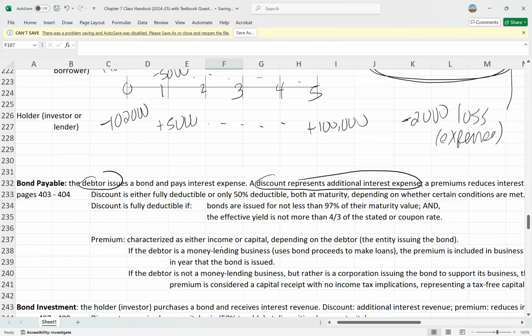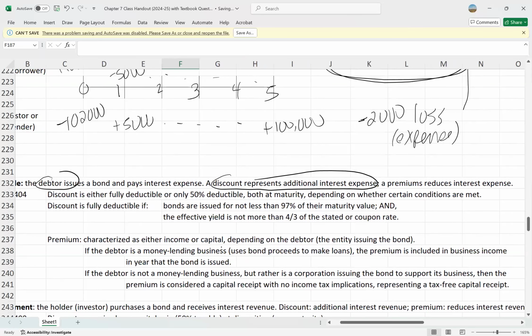What the tax rule says is that it's either going to be fully deductible or only 50% deductible at maturity, depending on whether these conditions are met or not. If both of these conditions are met, then it's fully deductible. Otherwise, it's only 50% deductible at maturity. And we'll go through this in more detail using an example.